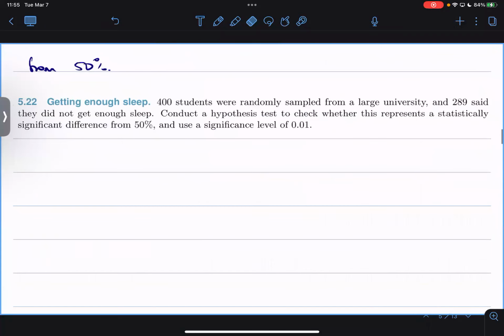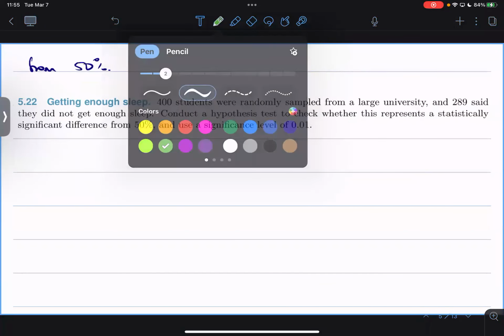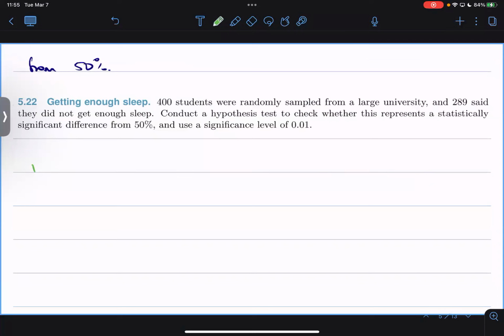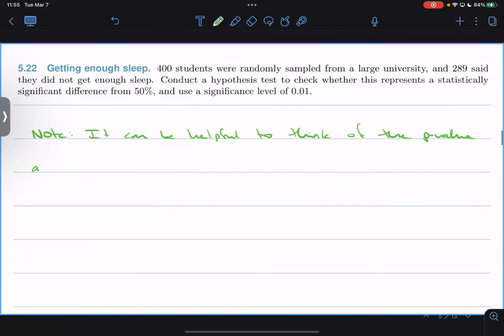Okay, and so just kind of another note, it can be helpful to think of the p-value as the probability that the null hypothesis is true.